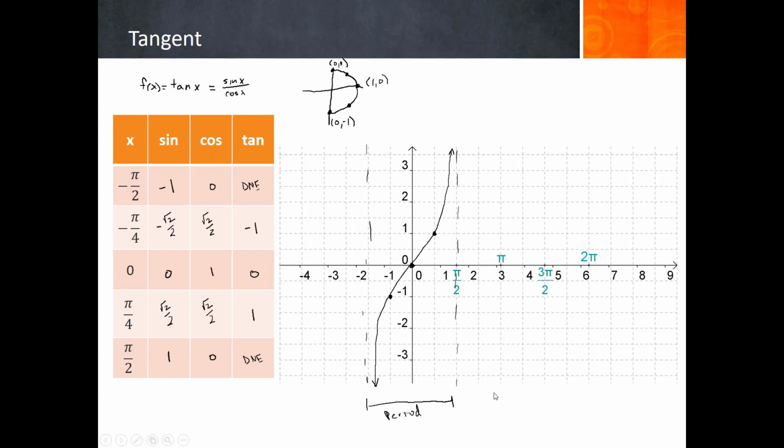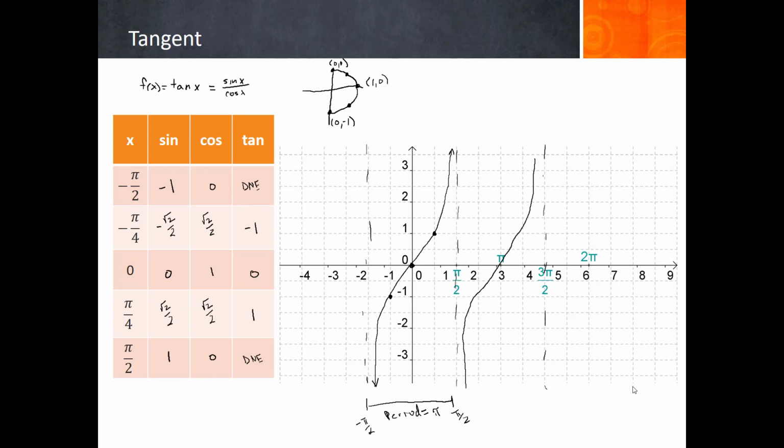That's our standard period, going from negative pi over 2 to positive pi over 2. If you go from a negative half to a positive half, that means your period is pi. Okay, that's our standard period, and anything else is just going to be a repeat of that. So if we know what that first piece looks like, we know what everything else is going to look like.